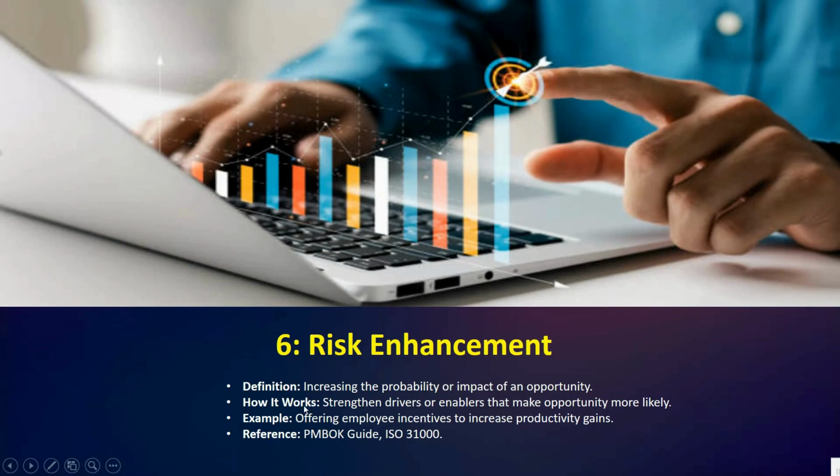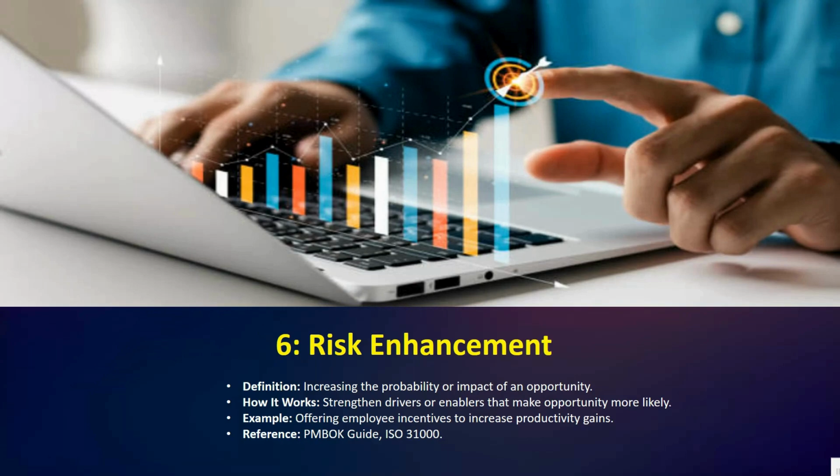So next we have how it works. You can see: strengthen drivers or enablers that make the opportunity more likely. So you strengthen the drivers or enablers that make an opportunity more likely to occur or more impactful.